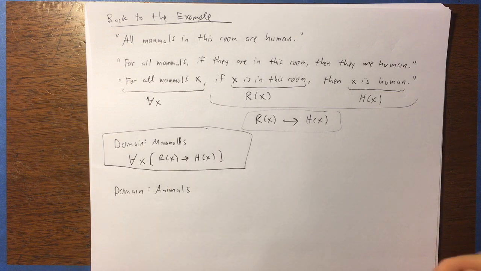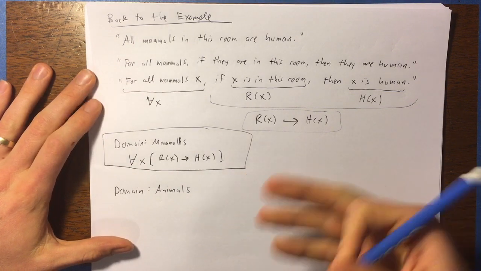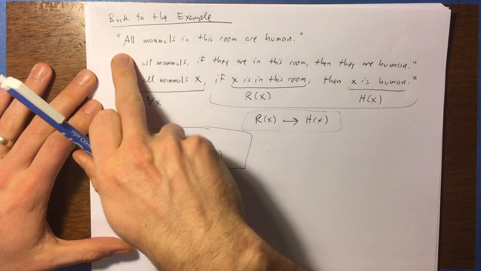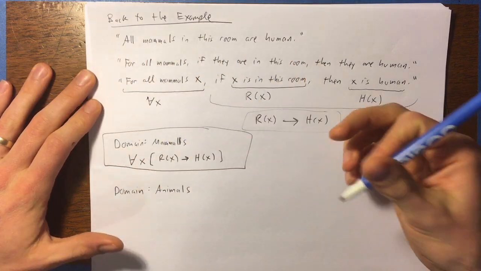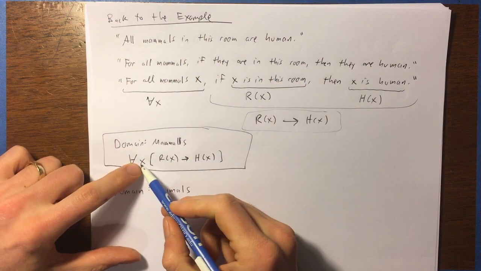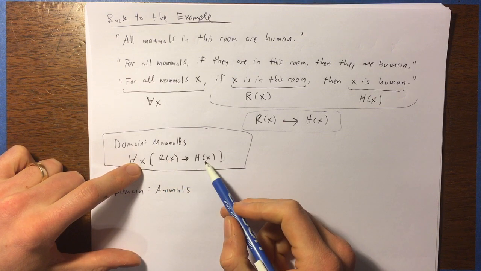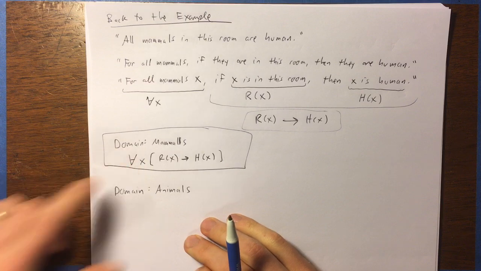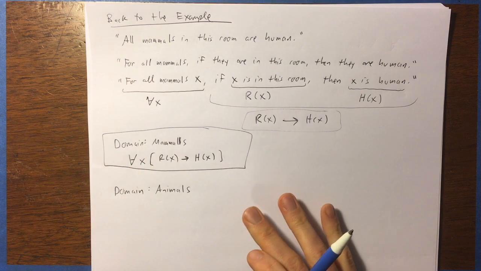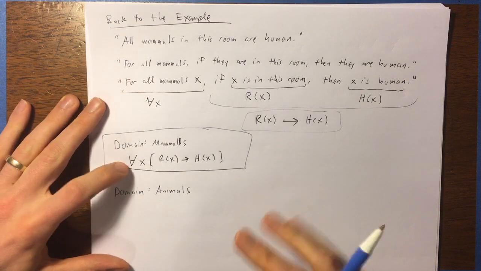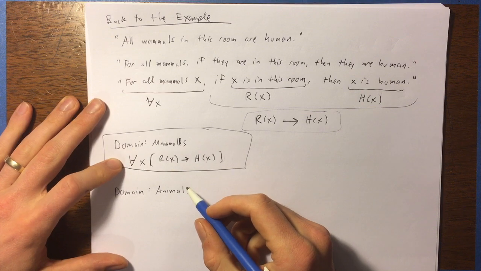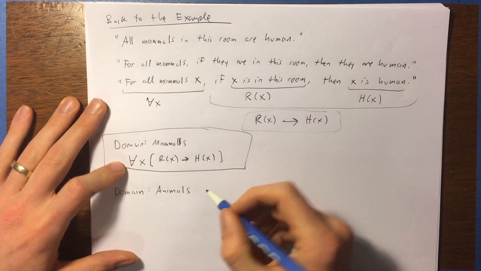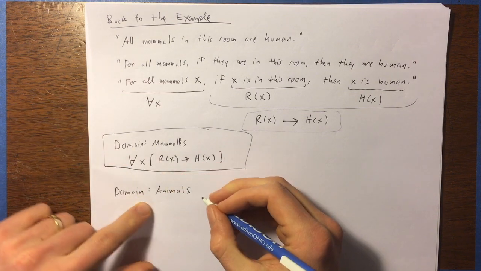X is a mammal is going to need to be a predicate we use somehow in order to say all mammals in this room are human, because we don't want to just say the same exact thing. If we say for all X, R of X implies H of X, then that would be saying all animals in this room are human, and now you would be discounting my pet parrot over there or whatever. Or the gecko, you know, or the insects crawling around. Okay, I don't have insects in my room, hopefully.